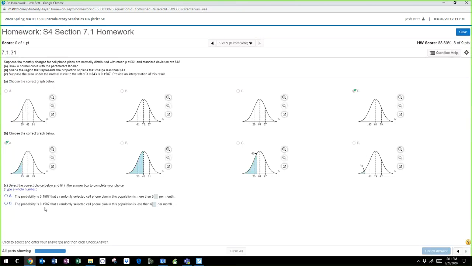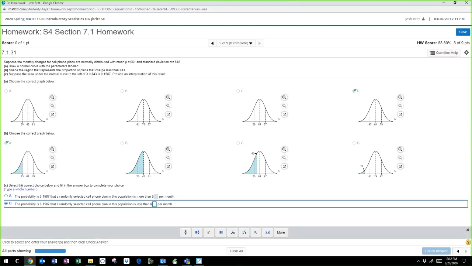Another interpretation would be that if you randomly selected a cell phone plan from all the cell phone plans, then the probability of getting one less than $43 would be this 0.1587. So the probability is 0.1587 that a randomly selected cell phone plan in this population costs less than $43.